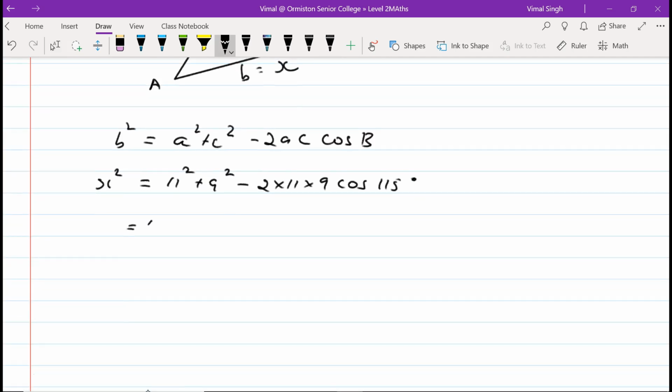So we have 121 plus 81 minus 198 cos of 115 degrees, so it's cosine of 115 degrees. That gives me 202 minus 198 cos of 115.